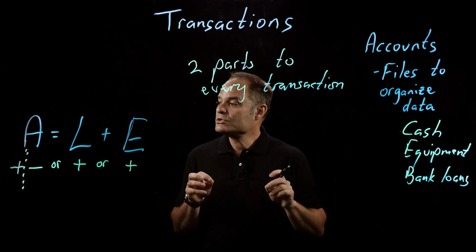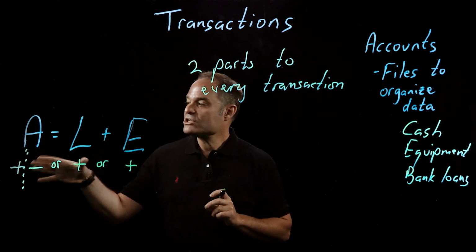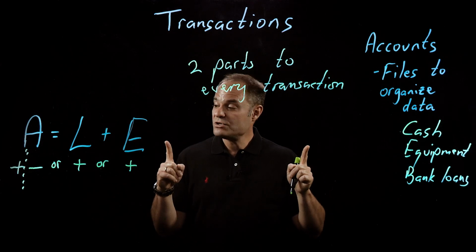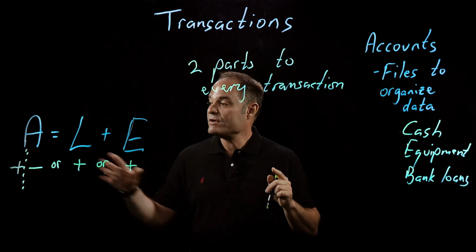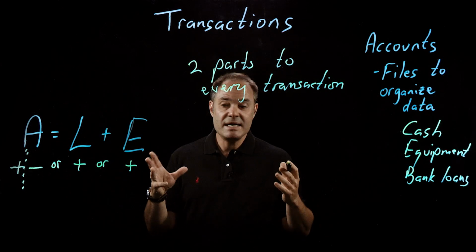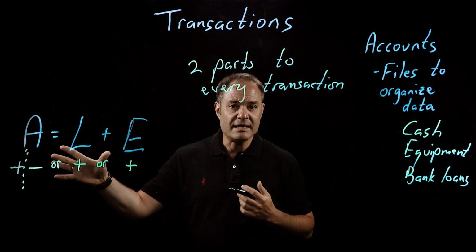So every time we do a transaction, we have to go back to this equation and make sure that it remains in balance. Make sure that we've identified the two parts to that transaction and that we've properly recorded them such that at the end of having recorded the transaction, this is still in balance.